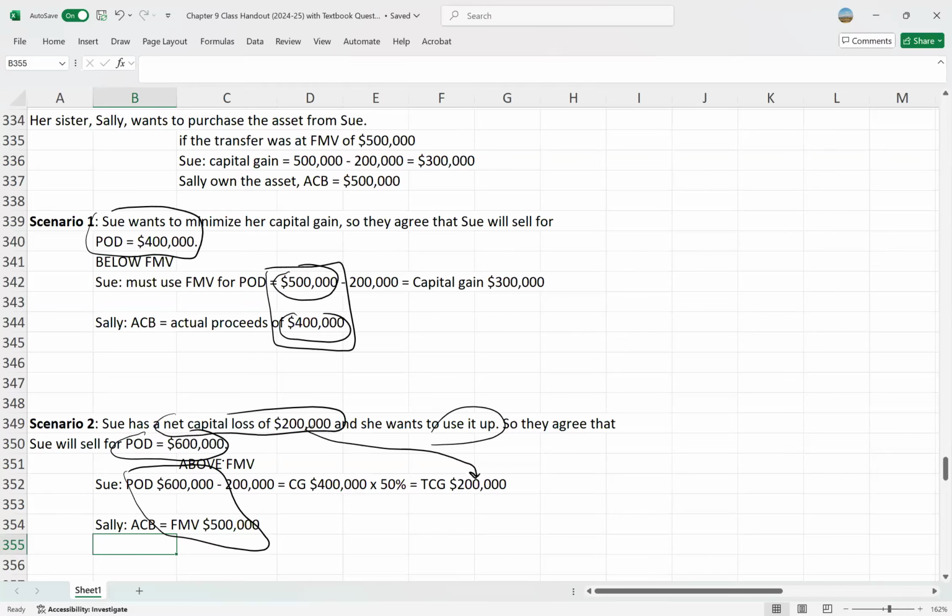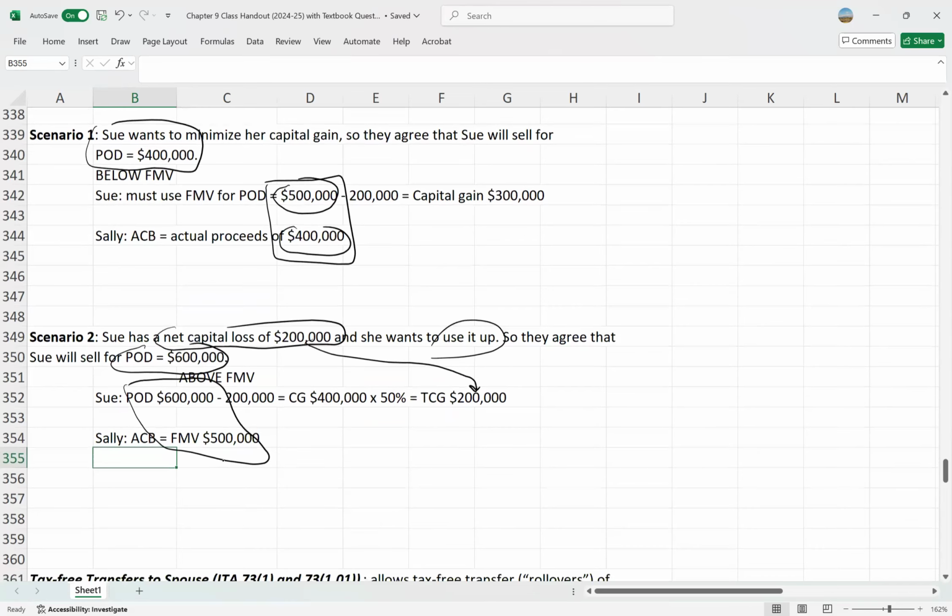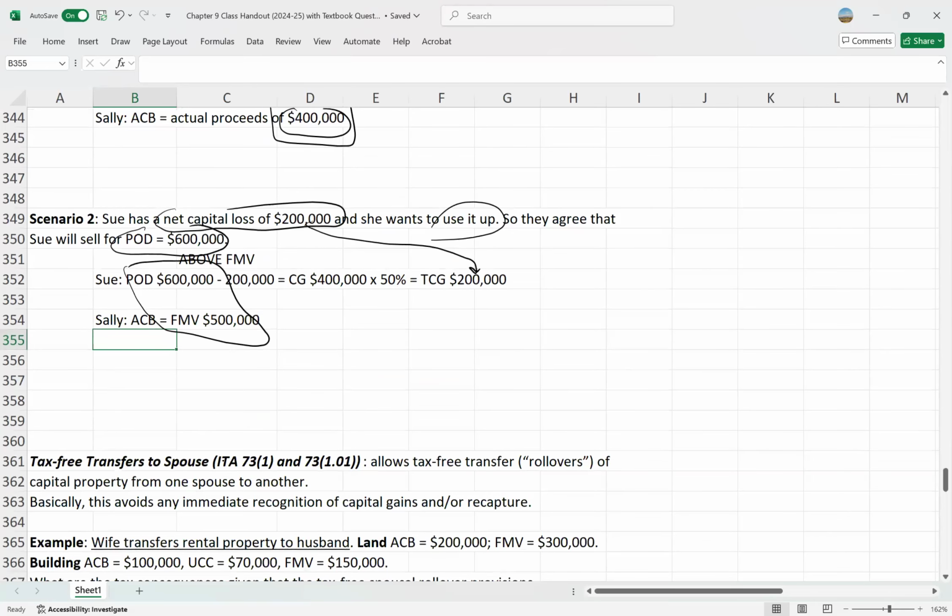But what we're going to do next then is talk about transfers between spouses. If the transfer is between spouses, the Income Tax Act allows certain properties to be transferred tax-free between spouses.